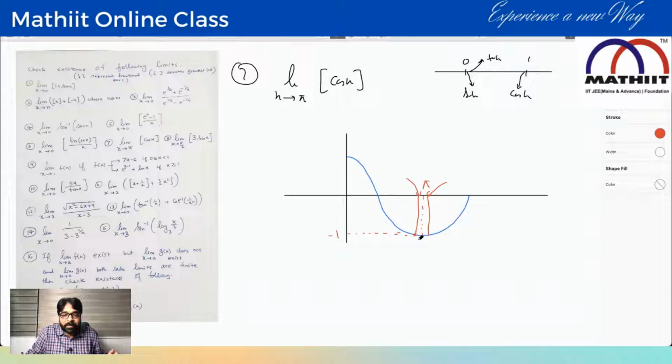So cos x will always be bigger than minus 1 in the neighborhood of pi. So the greatest integer will be minus 1 only. So directly you can say minus 1. No need of doing all that drama. Simple questions can be done using the graph. I'm not saying every question, but simple questions you can do directly. Am I right? Question number 8.